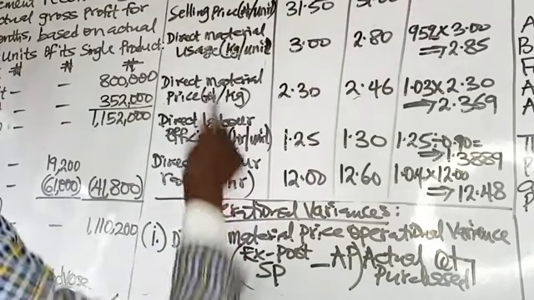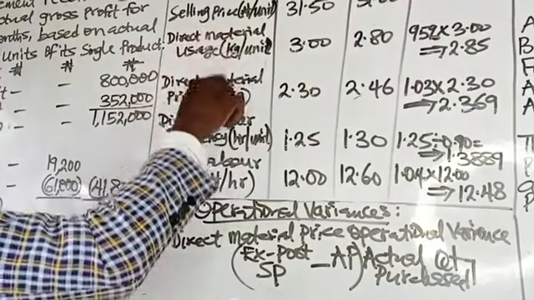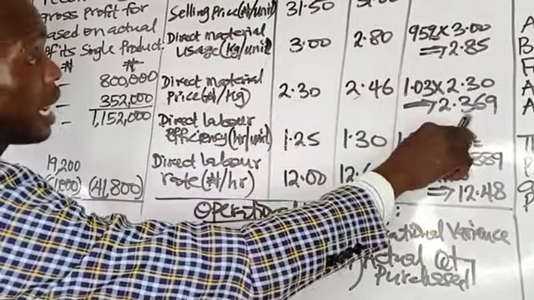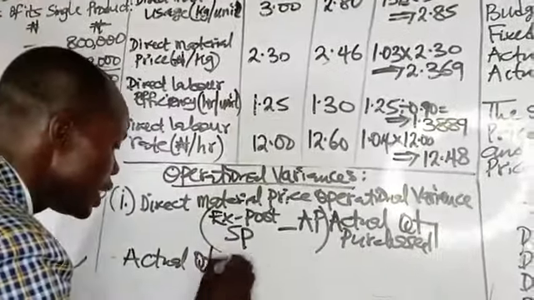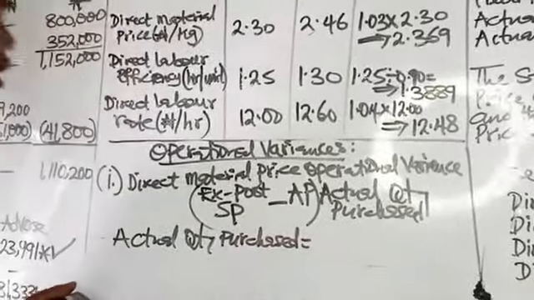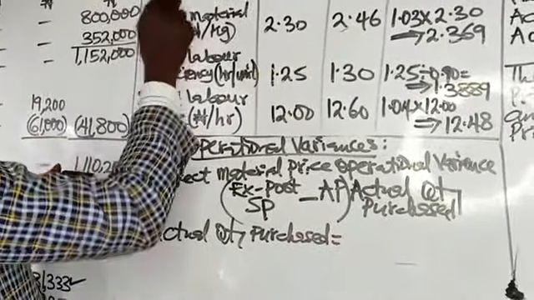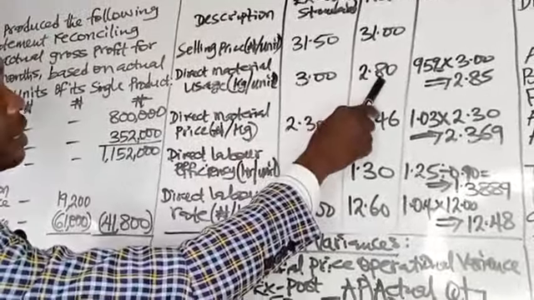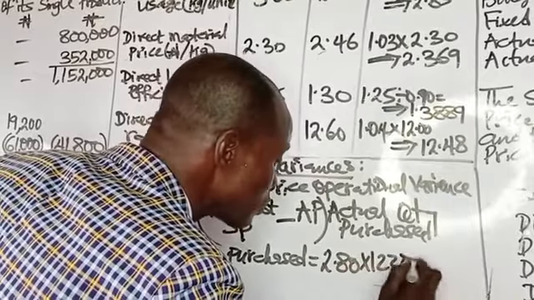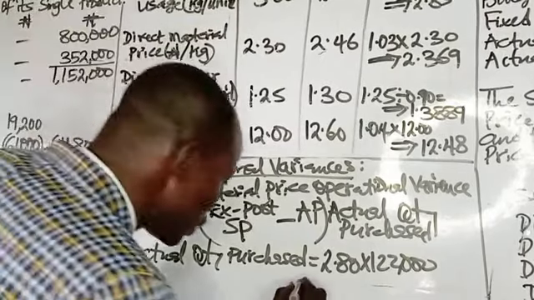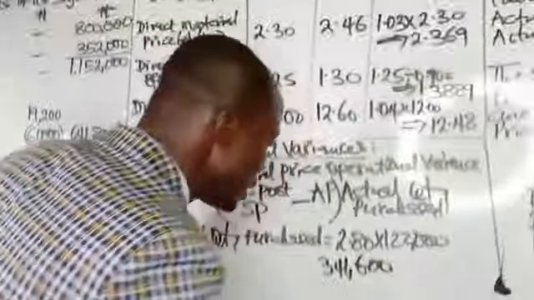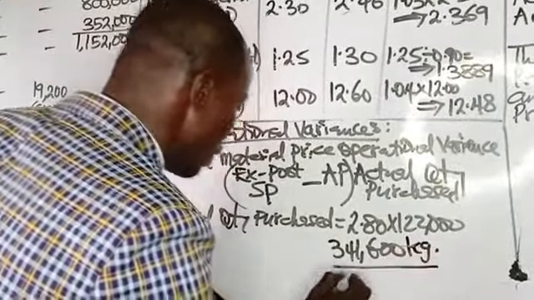The actual quantity is 2.8 times 122,000, which gives us 341,600 kg. That is the actual quantity of material purchased.